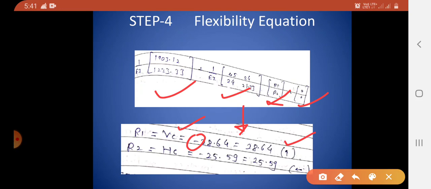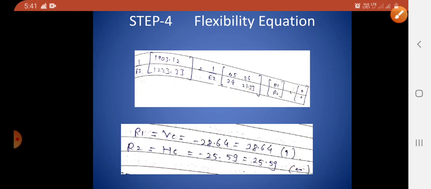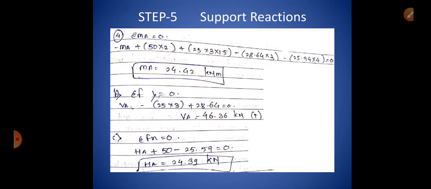And R2 we are getting, that is HC. We have assumed HC towards right, but it is minus, therefore actually it is towards left. So now in this step we have found both the extra unknowns, that is both the redundants.